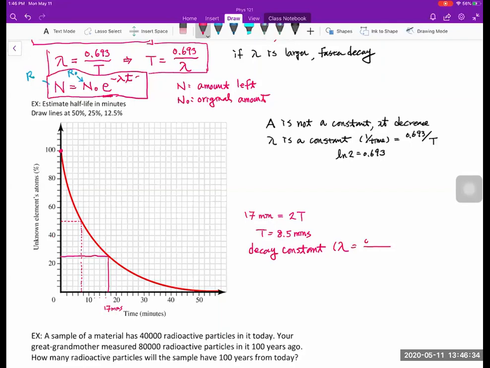Lambda is 0.693 over T, and that is your decay constant. It's a positive number, so 0.693 divided by 8.5 is 0.0815, and that will be 1 over a minute. That will be your decay constant.